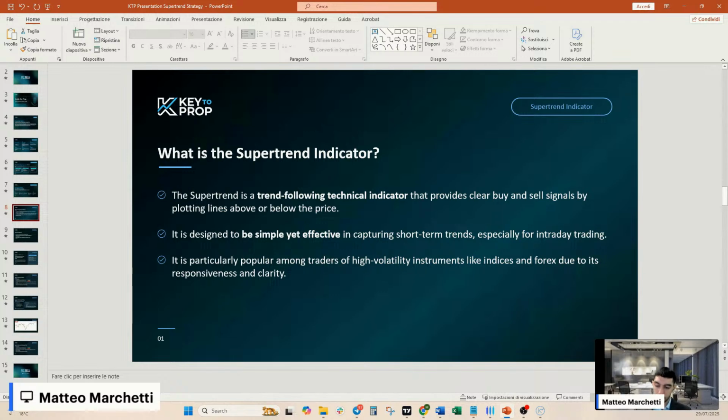It became particularly popular, I would say, between intraday traders because of its two main features. The first one, I already told you, is the fact that it is a trend following indicator. The second one is that the super trend indicator adapts to the volatility of the instrument you are trading.